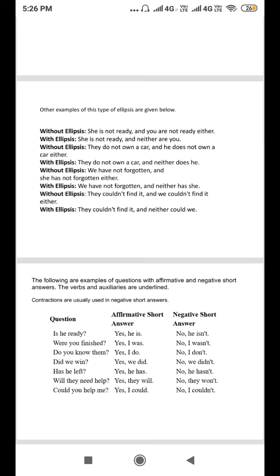The following are the examples of questions with affirmative and negative short answers. The verbs and auxiliaries are underlined. I have written underlined, but actually they are given. Verbs and auxiliaries are also there, like is, auxiliary verb, right? Contractions are usually used in negative short answers.